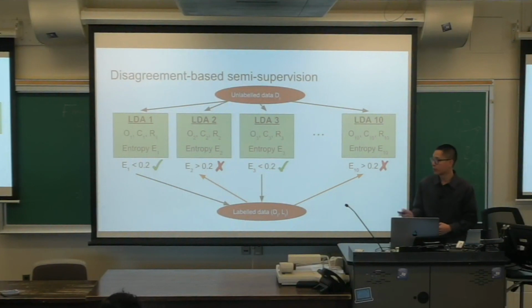For example, LDA 1 and 3 are confident because they have low entropy. If you have a large entropy, that means your classifier is not confident. If the confident classifiers agree on the predicted label of this data sample, then we label the unlabeled sample using the label they agreed on. That's how we generate labels for unlabeled data.